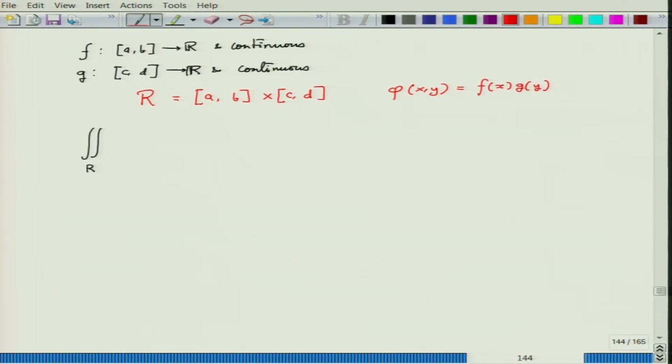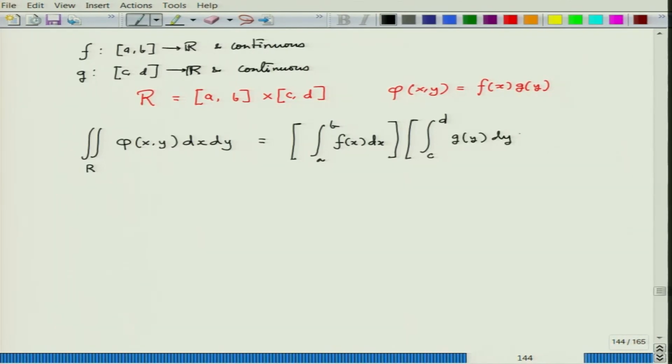Show that the double integral over R of phi is nothing but the integral from a to b of f(x) dx into the integral from c to d of g(y) dy.